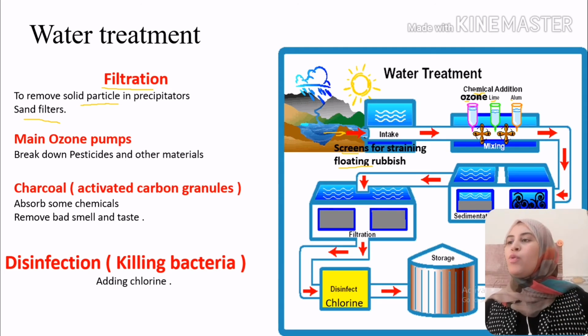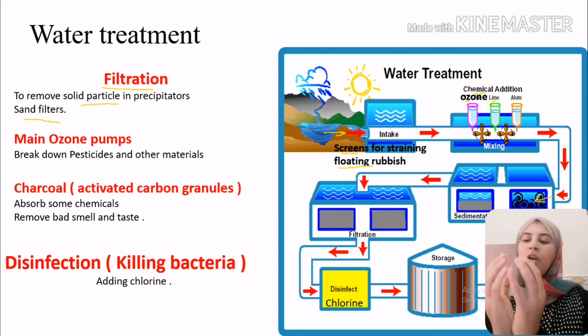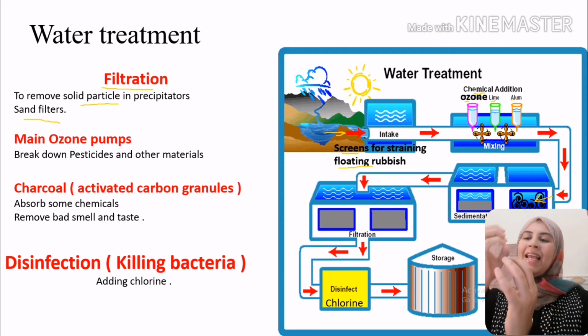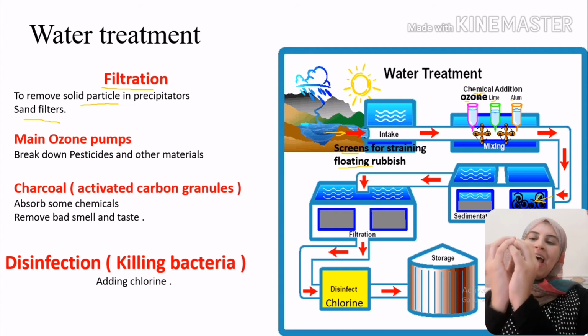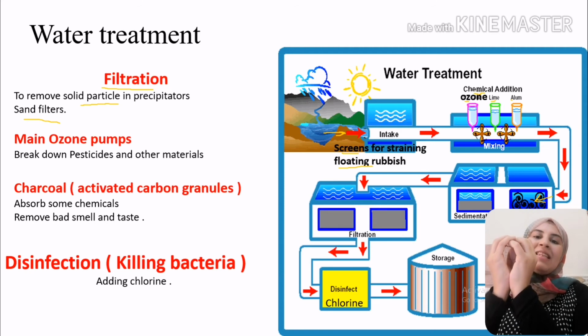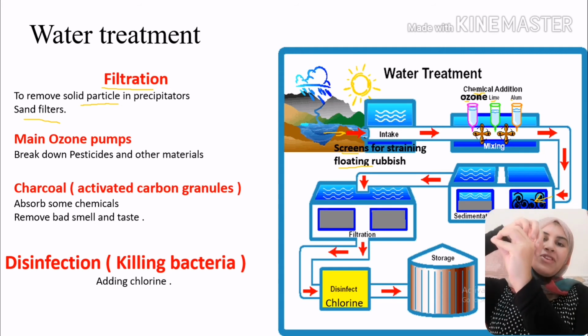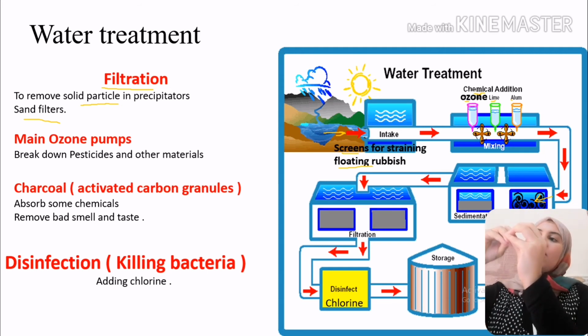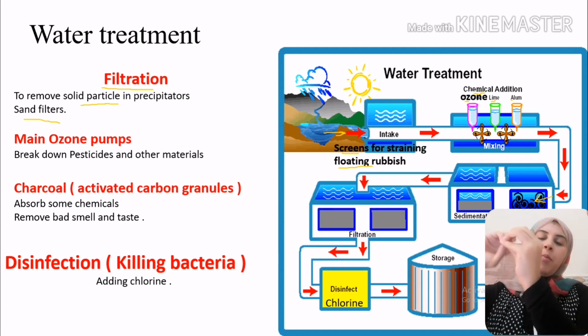We will start to mix all of these coagulants. Coagulants are chemical substances responsible for collecting the small particles. Let's imagine we have a chemical substance like a pole. This pole is like a magnet. It is capable of collecting small particles of dust and unrequired solid particles.